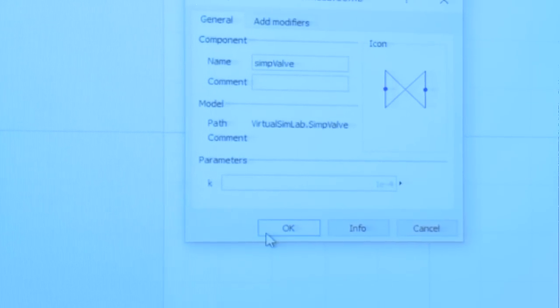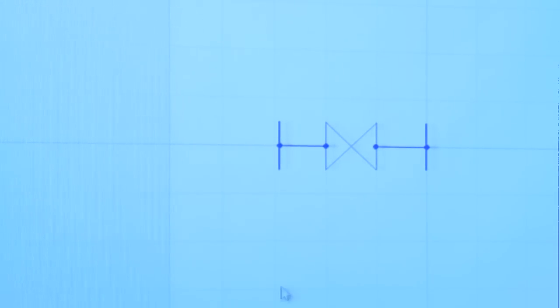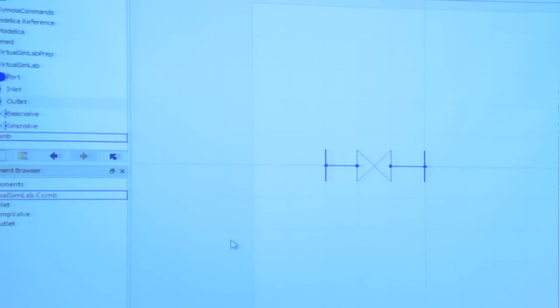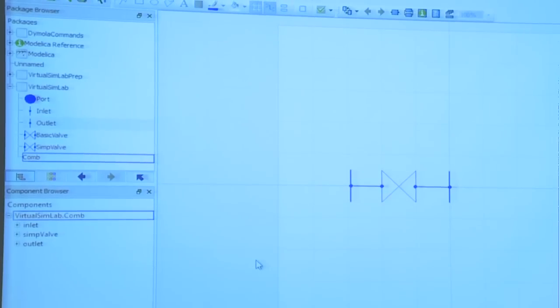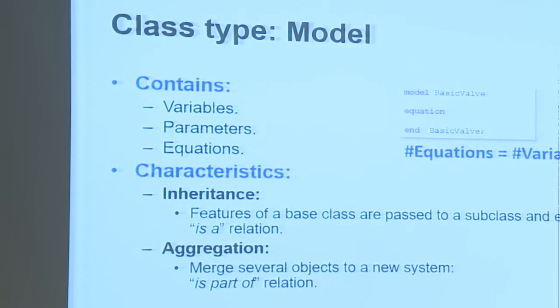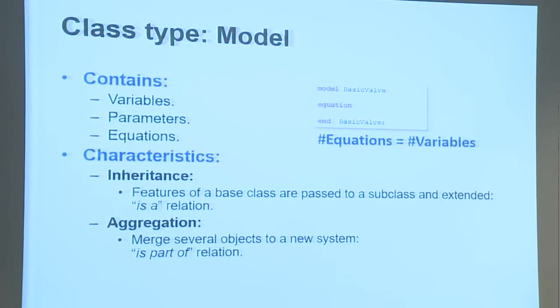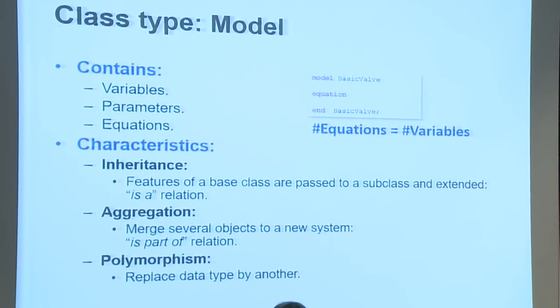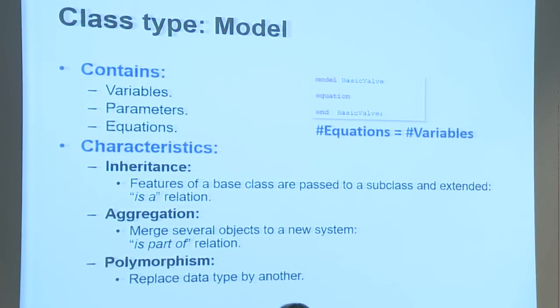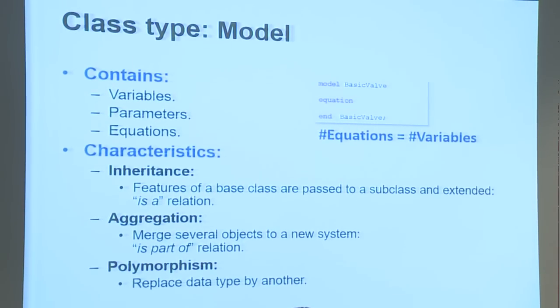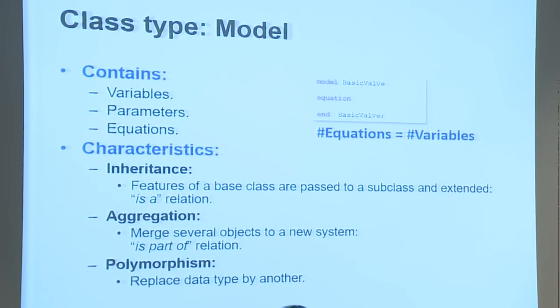So that is aggregating. But before we go to simulate, I will talk to you shortly about the last concept, which makes it really nice and why we define it as a partial model, and that is polymorphism. Polymorphism means we can easily exchange one model for the other and replace it.